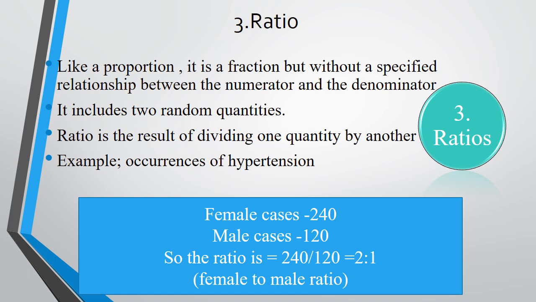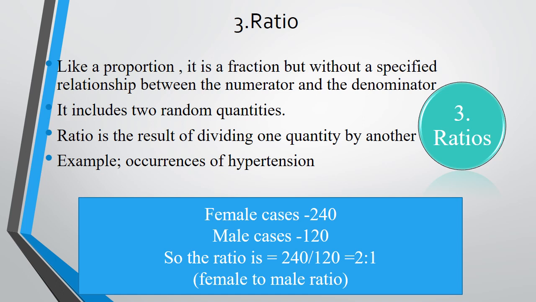For example, in proportion the numerator has the diseased cases like malnourishment, and the denominator has the same people, the total under 5 children. That is about the proportion.